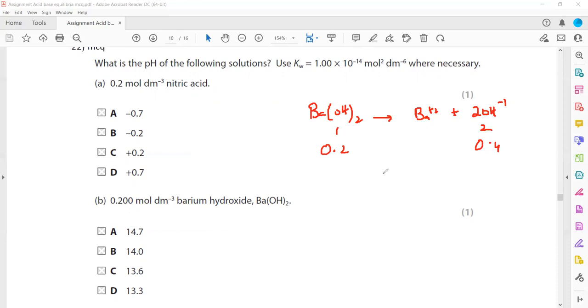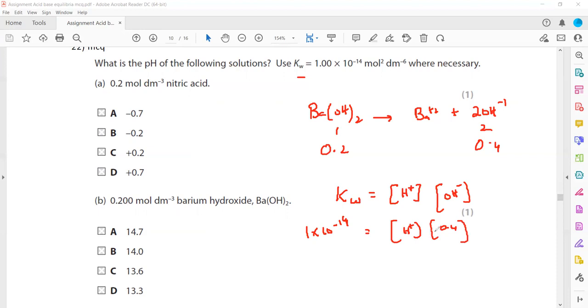After getting the concentration of hydroxide ion, we know the dissociation constant Kw is 1 into 10 to the power minus 14. The dissociation constant is always the concentration of hydrogen ion times the concentration of hydroxide ion, the products. The hydrogen ion concentration we don't know, and the hydroxide concentration is 0.4.